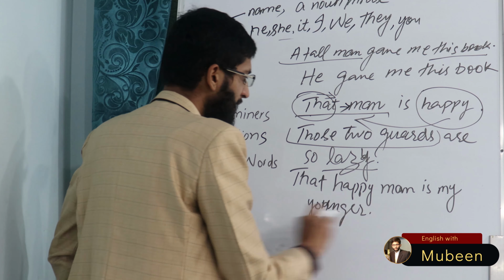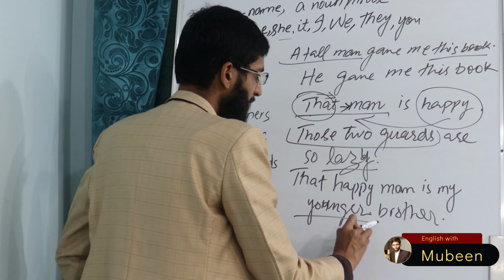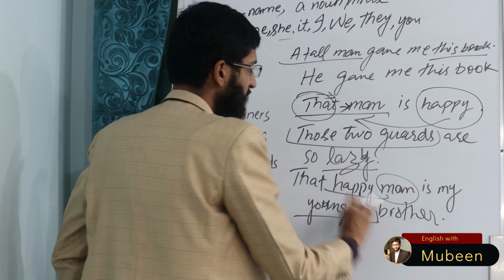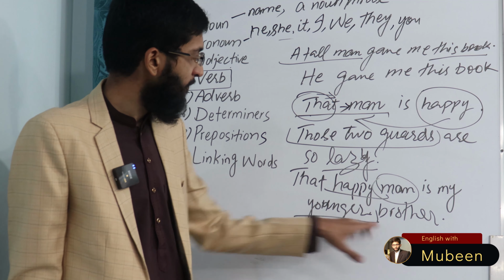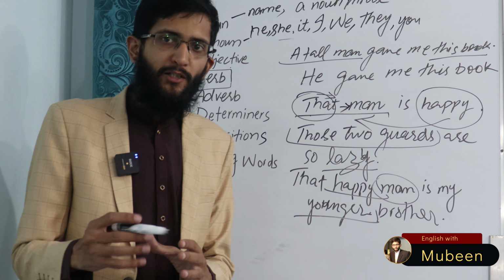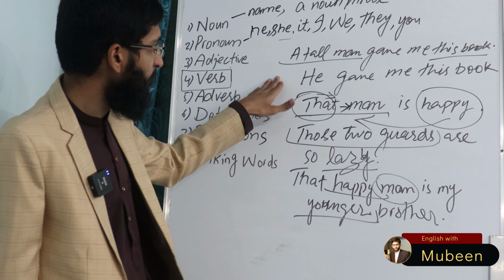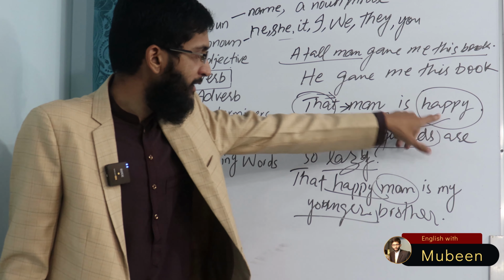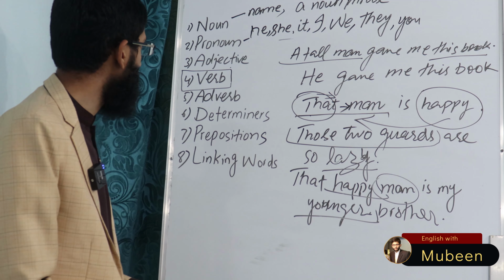Again, younger is again an adjective for the word brother, younger brother, and happy is for man. That happy man is my younger brother. So younger is adjective, happy is adjective. So you learned two ways to put an adjective in a sentence. First, individually. Second, with the name. So I hope you understand this philosophy.